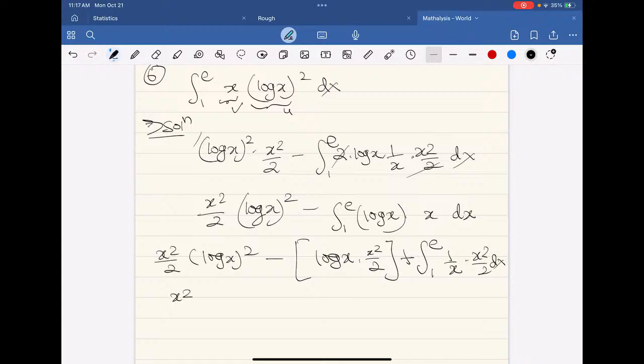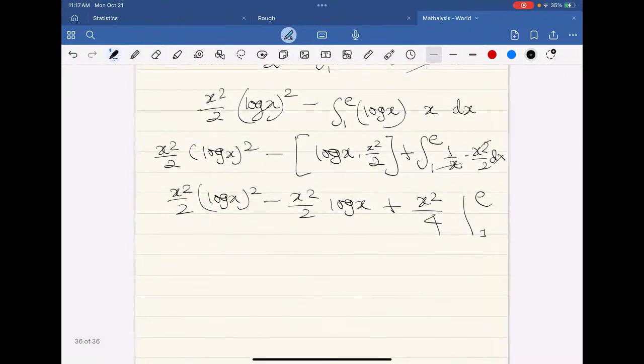So we have x^2 by 2 (log x)^2 minus x^2 by 2 log x plus, now there will just be x by 2, which is x^2 by 4. All this from 1 to e, right? Now let's first simplify this.